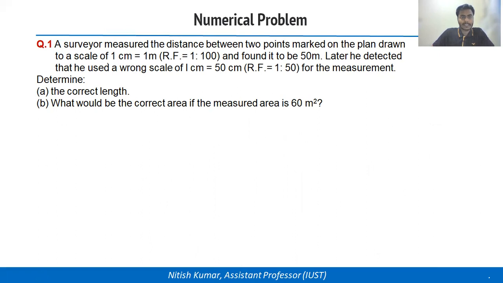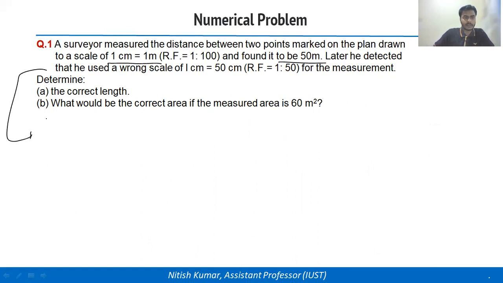So by using this scale, he measured the distance 50 meter. Later, he detected that he used a wrong scale of 1 centimeter is equal to 50 centimeter, or RF is equal to 1 by 50, for the measurement.